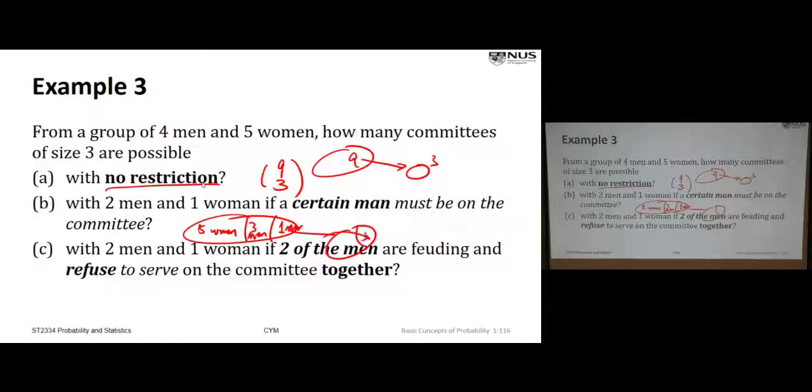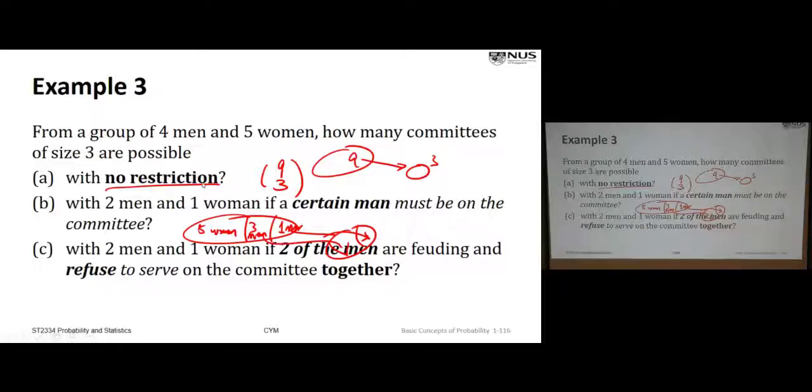He must be in it. Then I have to choose from the 3 men a certain number of men. How many? Now I am left with only 1 vacancy for men in this committee, since this man is already chosen. So I have to pick 1 man from the remaining 3 men. So I choose 1.